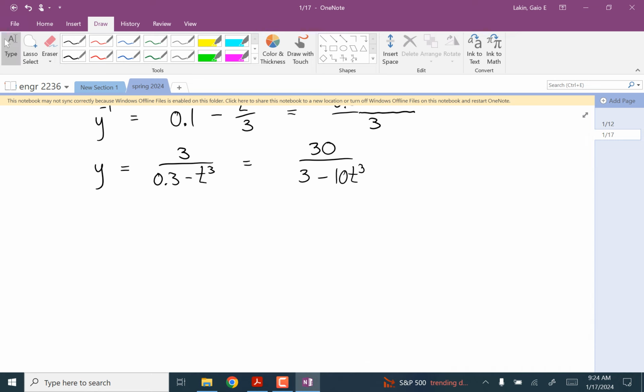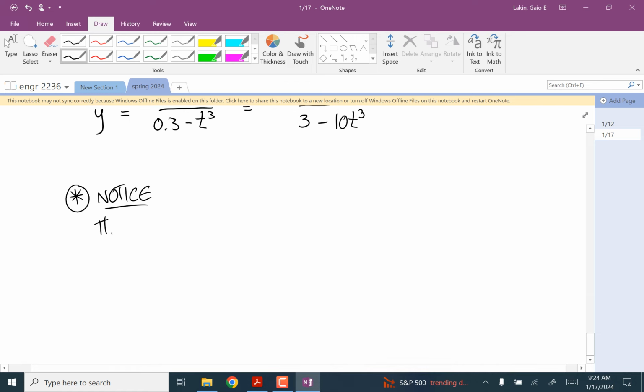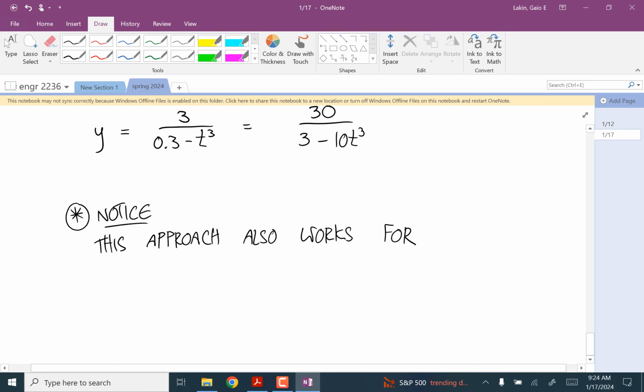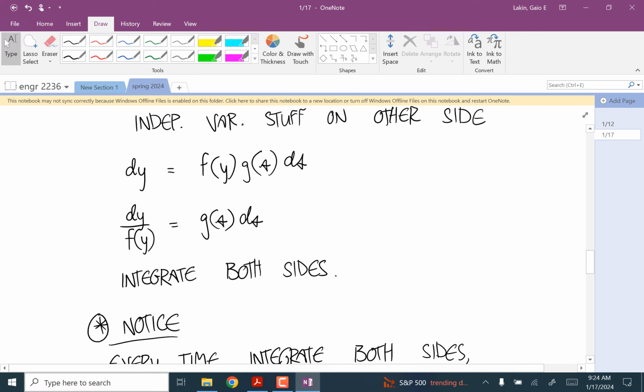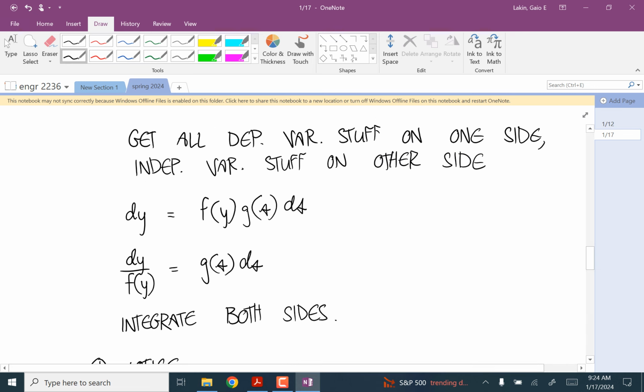Okay, I want you to notice one other thing here. This approach also works for, what I'm getting at here is, this is what's required to use separation of variables. Well, that function f or that function g could just be 1.